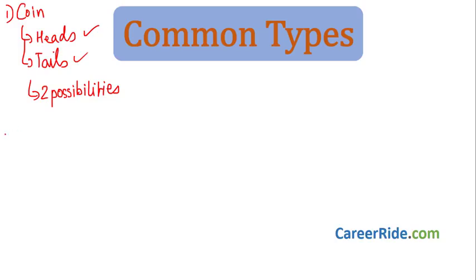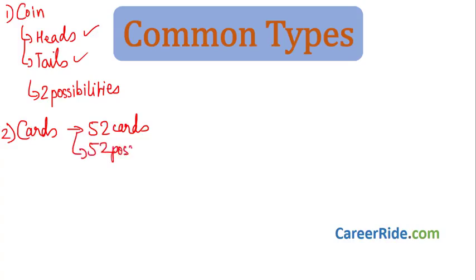Now the second type of sum is of cards, the playing cards which you must have played during summer vacation. There are 52 cards in a well shuffled deck. That means there are 52 different possibilities.